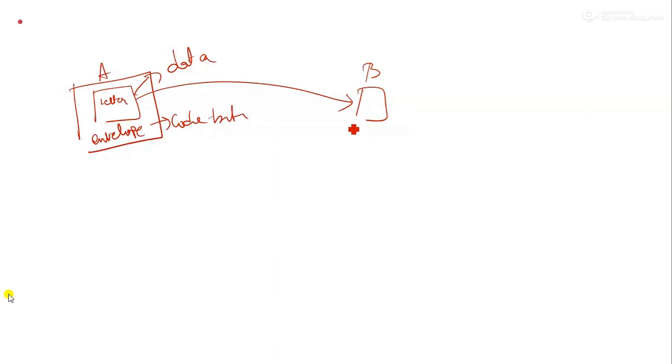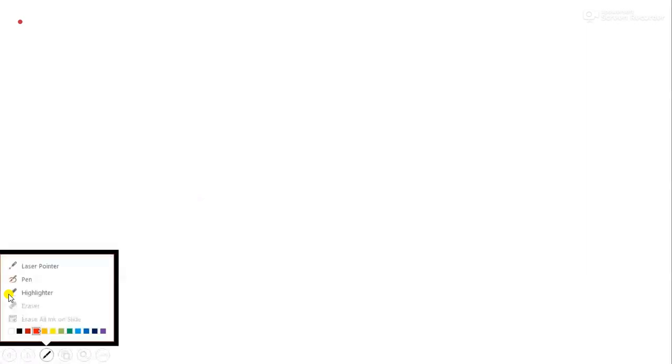So you can see the actual data is more, coded bits are less. Let's say out of 100, 75 bits are used for data, 25 bits are used for code. Yes. Okay. Let's take one more instance.